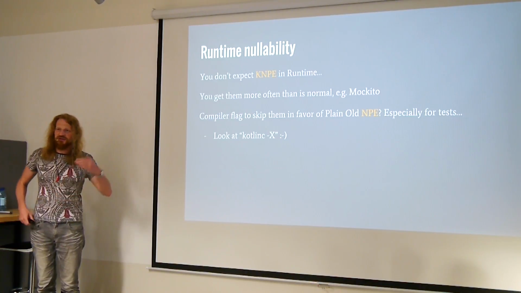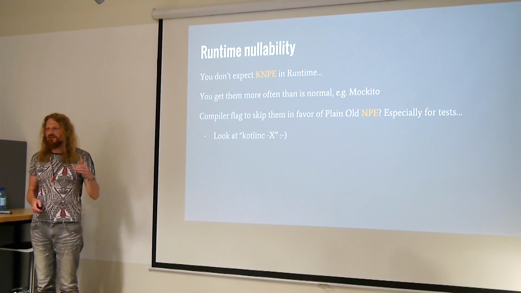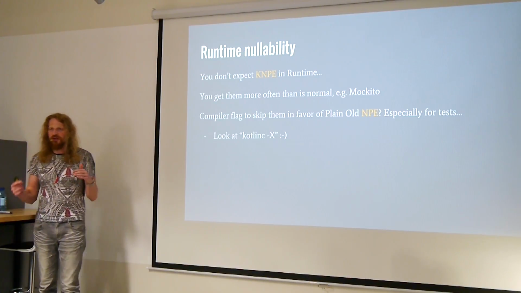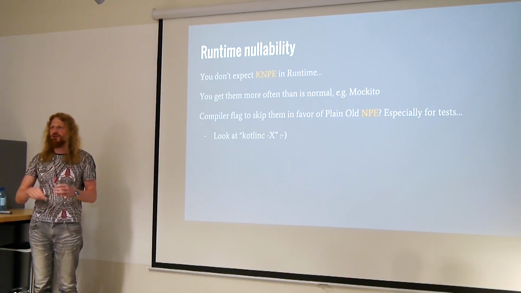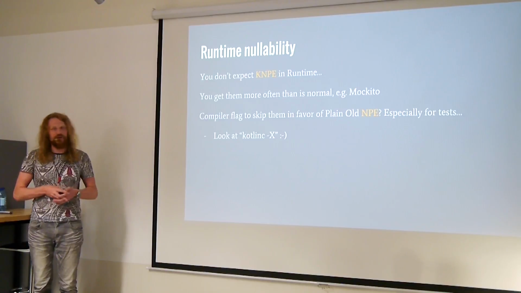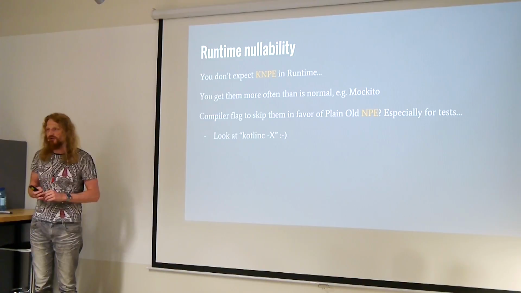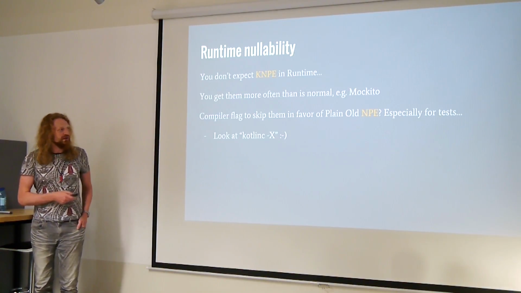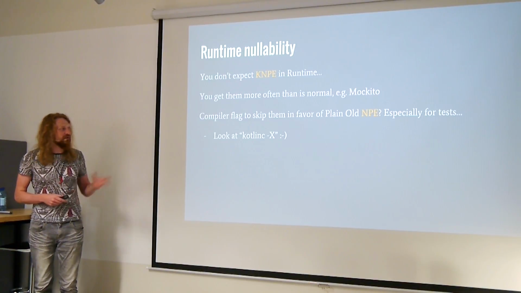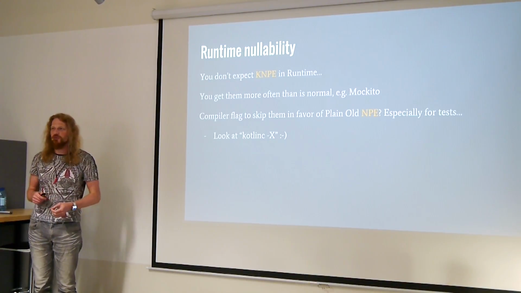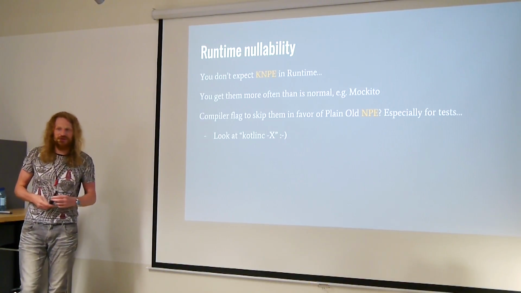So if you test Kotlin code, which actually has the runtime null checks, and in Mockito you try to test it by generating a stub and putting the returning nulls there, it will actually fail. So plain Mockito doesn't work with Kotlin. Some of it works, but these matchers don't work. And there is actually an easy solution: you can always write the Elvis operator and return something which is not null.